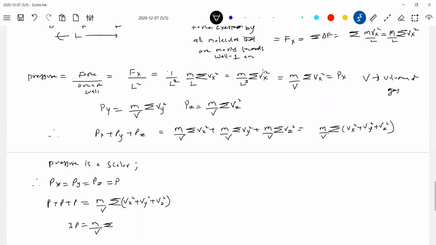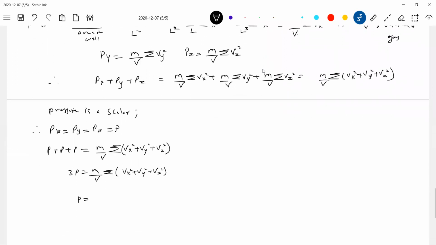Let it be m by V, so 3P equal to m by V summation of v square.